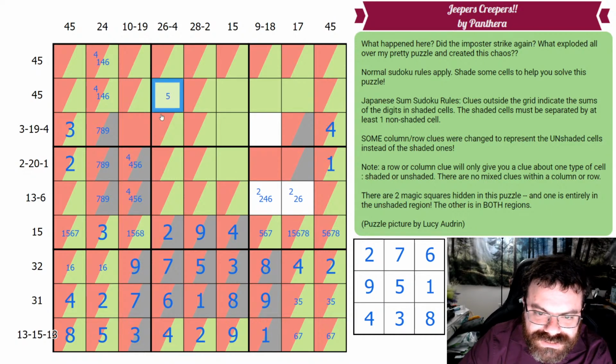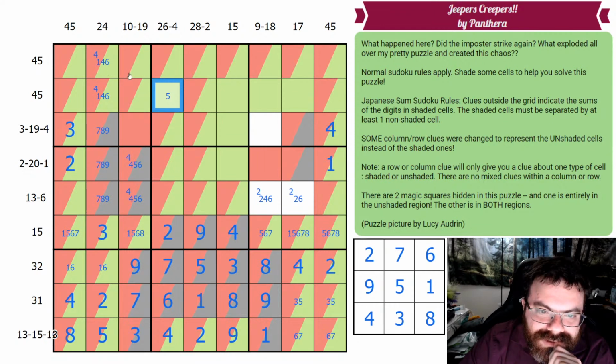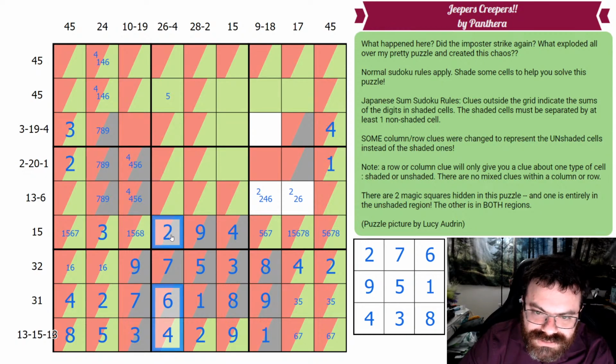If this were the center, no, this column has 2, 4, and oh no, that's okay. These would be 2, 4, 4, 6, 8. So these couldn't be 4.